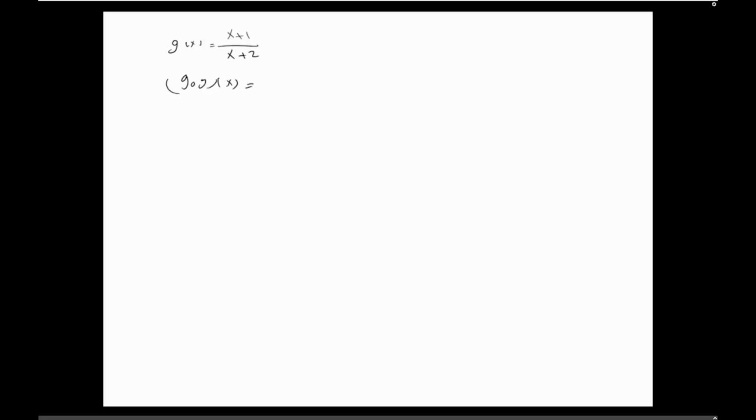What we're gonna do is, instead of writing x, we're gonna write the whole g of x. This is instead of the x, as you guys know, plus 1, and over here x plus 1 over x plus 2, plus 2, and if we do some arithmetic operations, we're gonna get this value.